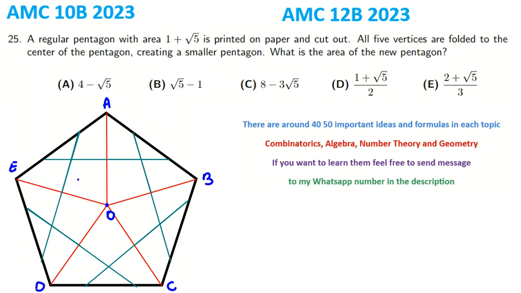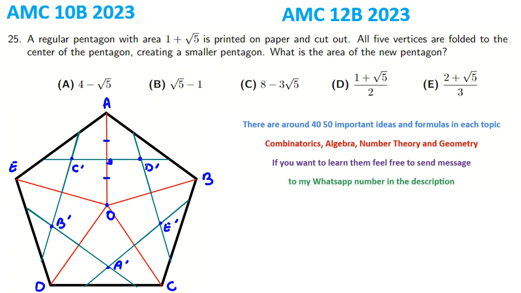So the new pentagon is this one. For example, consider A prime, B prime, C prime, D prime, E prime. We know it is like this.